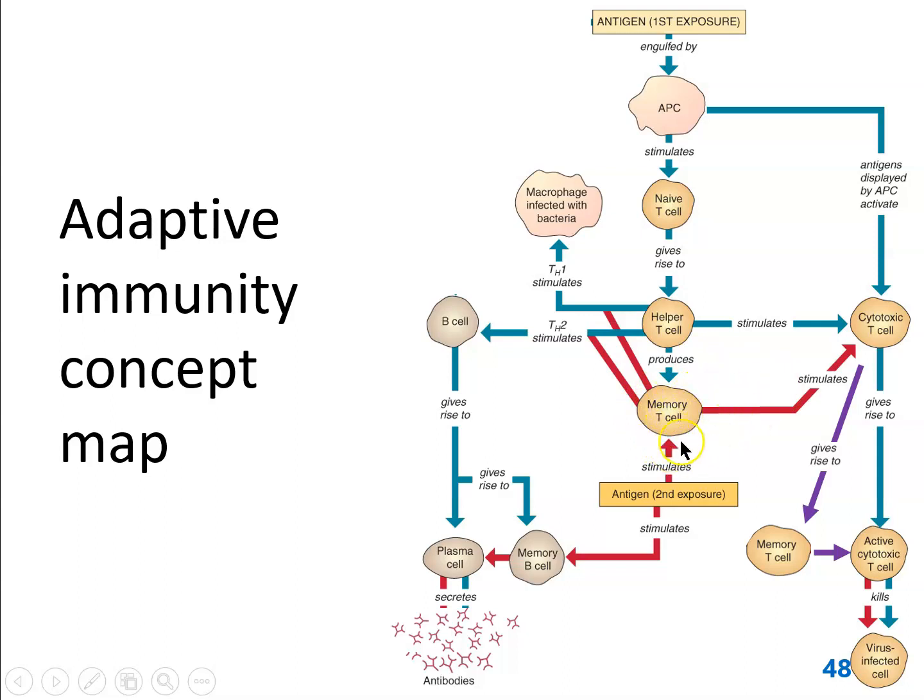So if somehow there's a second exposure, those memory cells can make all these different T cells, all these different plasma cells much faster. So that's one way to draw out the entire adaptive immune system. And to me, the most important thing you can take from these lectures is, what are all these cells doing?